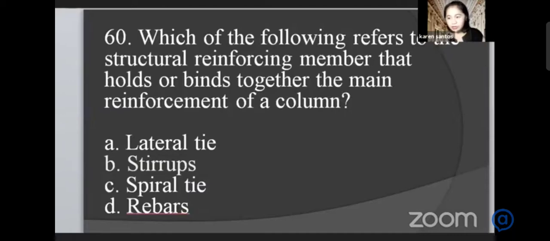So someone answered letter B, others answered letter D, and there's also letter C. So which is the correct answer?